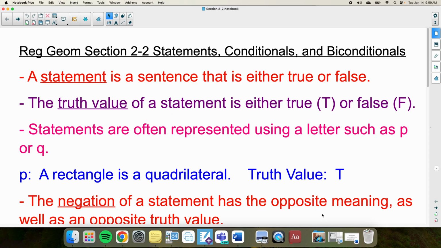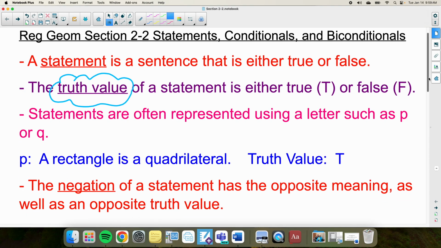What's gonna happen with those statements is we have to say if they're true or false, and what they call that is the truth value, okay? So when they say find the truth value of this, that just means is it true or is it false?